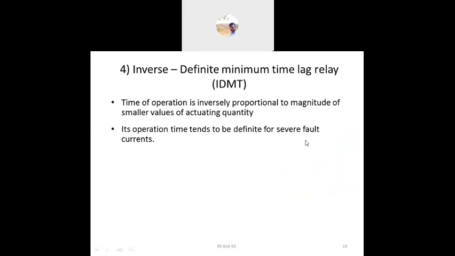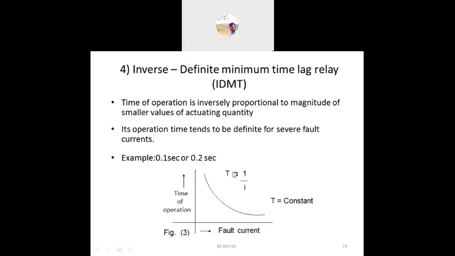The example is 0.1 second. In practice the time will be very small, so it can operate in 0.005 seconds also. So you can see the time is inversely proportional to the current.